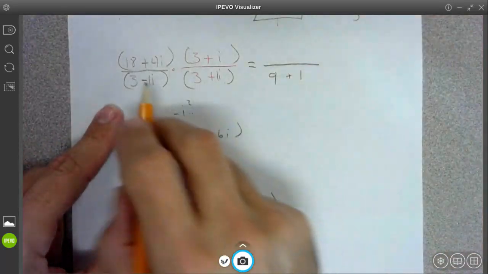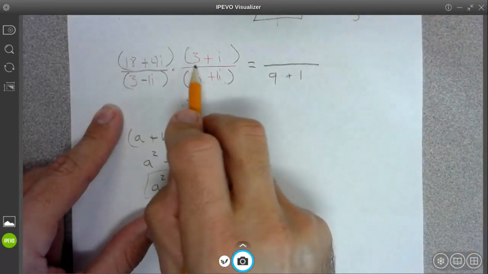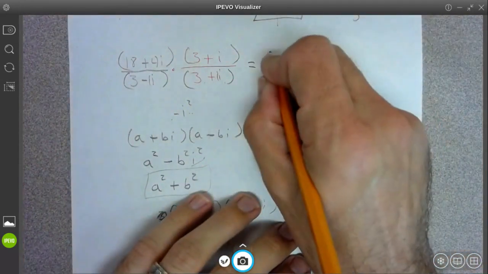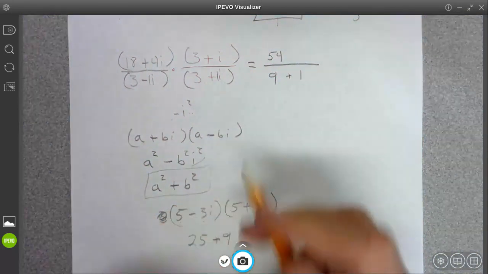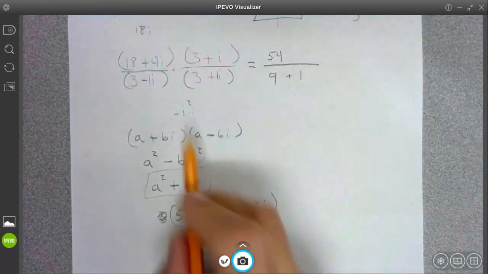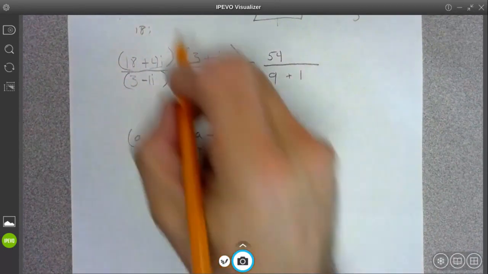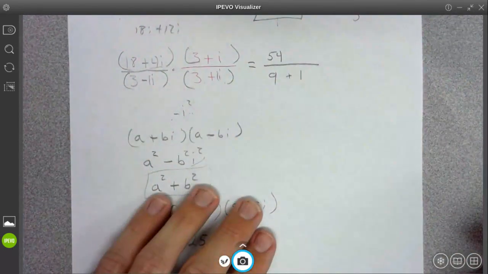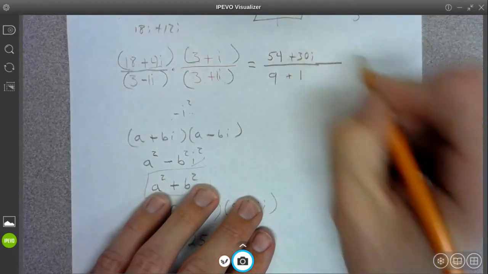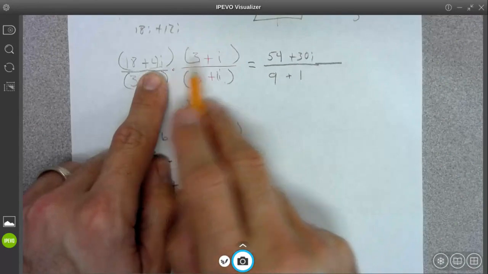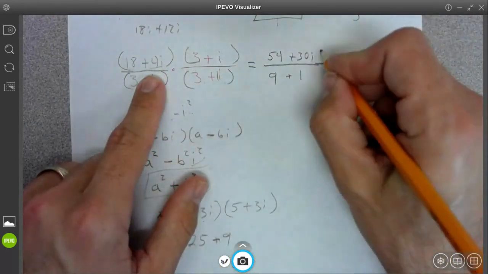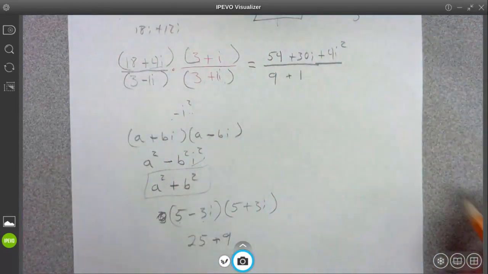Okay. On top, 18 times 3, oh gosh, 54. And then you're going to have 18i. Just write that up there. Here you're going to have 12i, so that's going to be 30i. And then you'll have 4i times i, which is 4i squared.